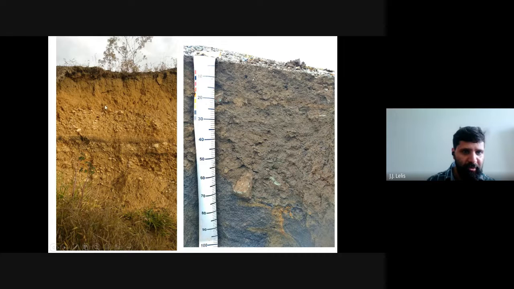We can see some pebbles like here. It's not so easy to find these quartz grains here, so probably this material has a different composition from these ones. So I buried all this material and I have a different composition from here to here. So this modern soil that's forming and buried this soil has different compositions and different properties.